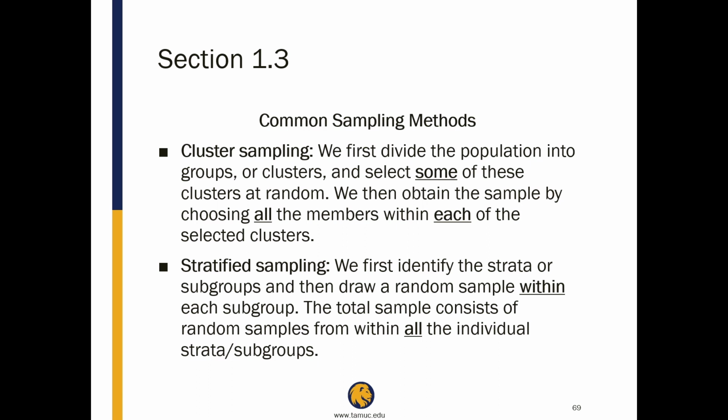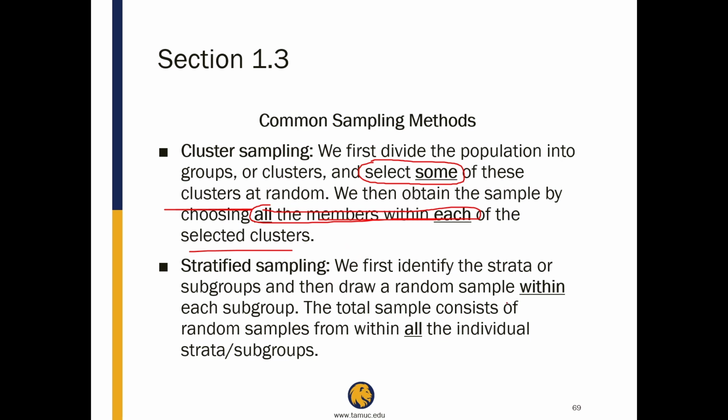So they're very similar, but the key difference is that within cluster sampling, we only select some of the clusters at random. So not every group gets chosen in cluster sampling. We choose some of the groups, but then we use all of the members within each of the groups that are selected.